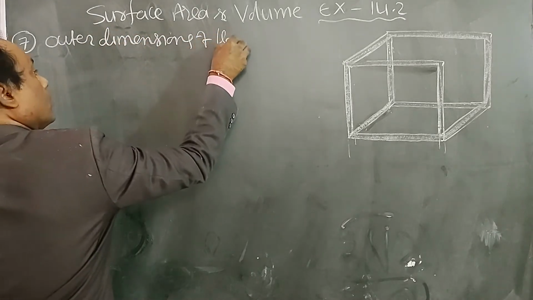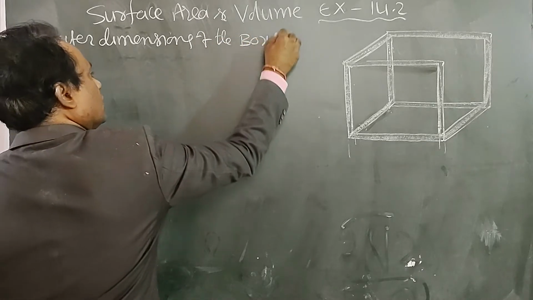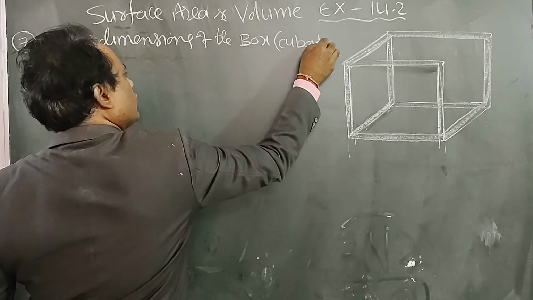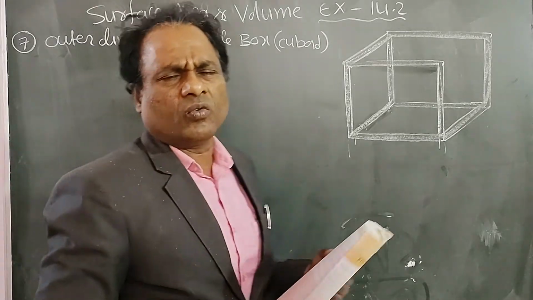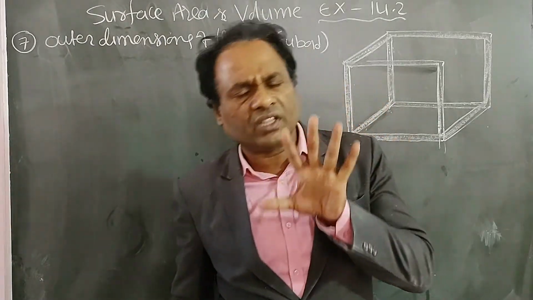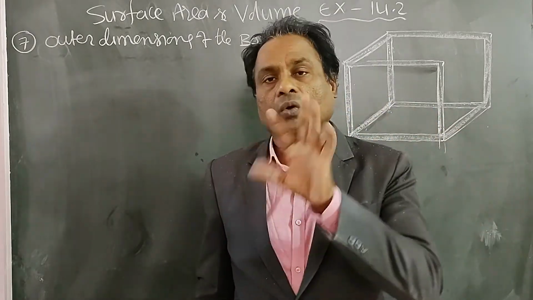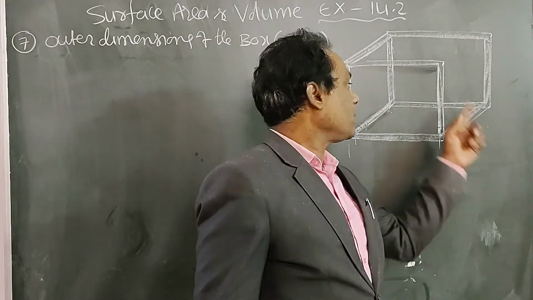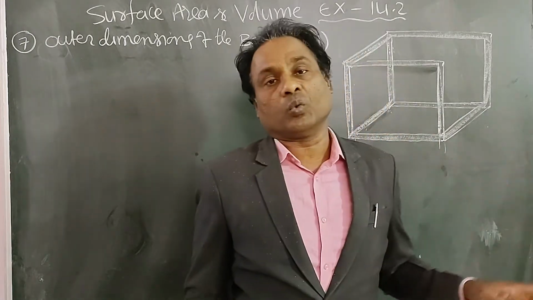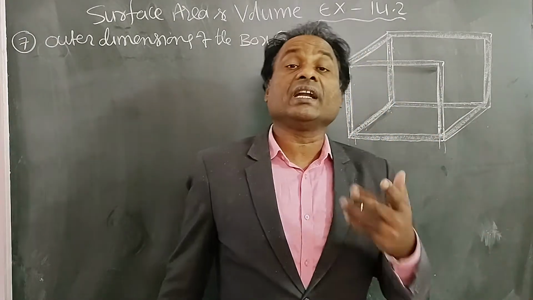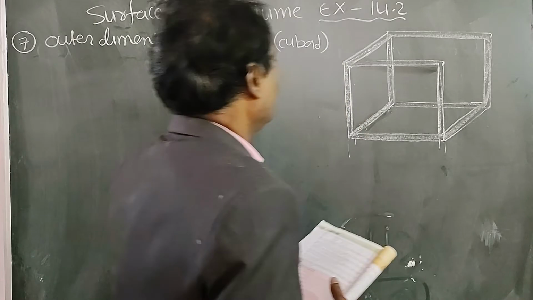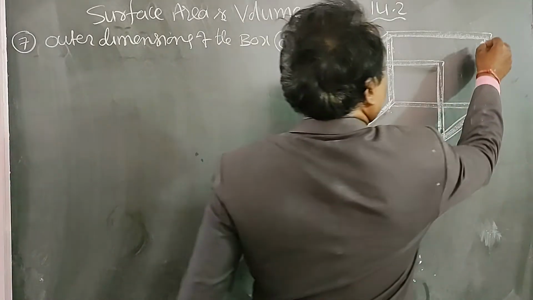See, the box is nothing but a cuboid, students. We have only two solid figures in this, cube or cuboid. If length, breadth, height are all equal, it is a cube. If they are not equal, it is a cuboid, like this.